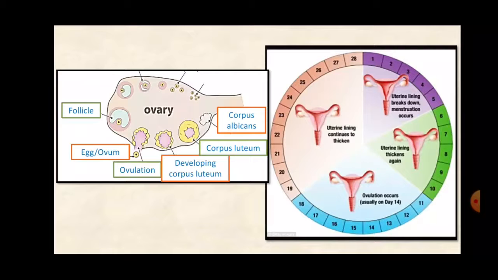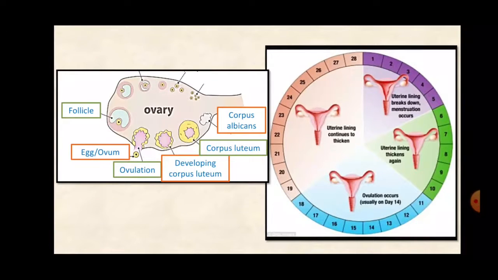Last thing I will tell, if the ova is fertilized, students, obviously the endometrium will continue to thicken. After the fertilization with the sperm, the ova forms a zygote and then an embryo is formed.